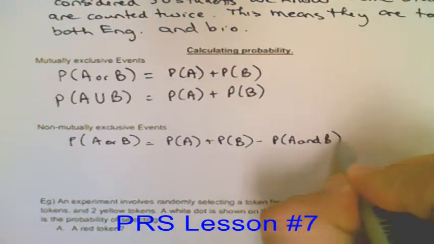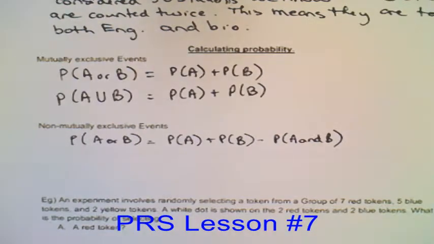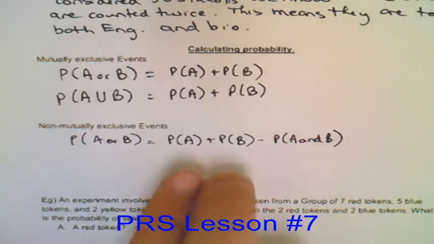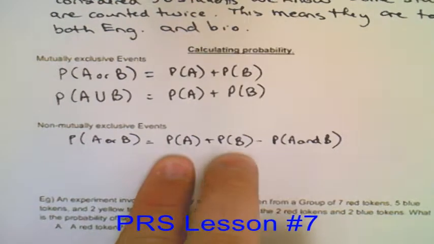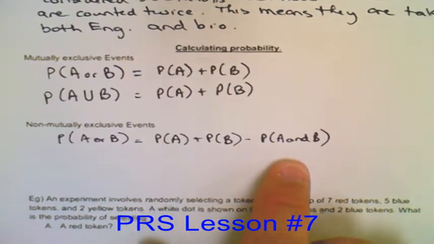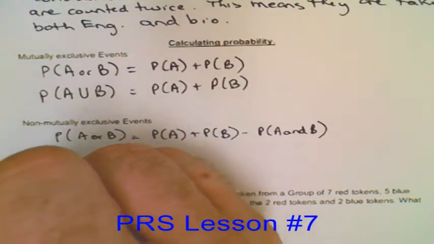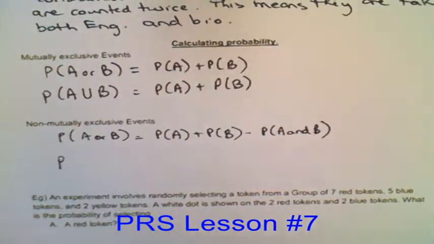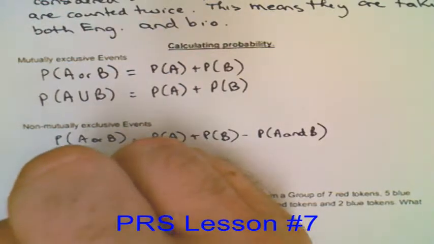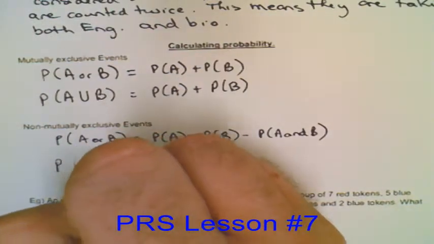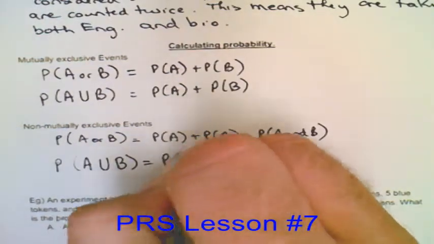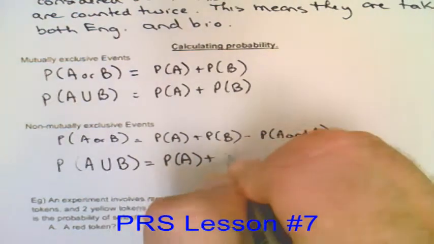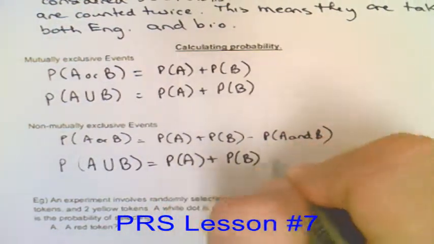So if it's a non-mutually exclusive situation, the probability of A or B is going to be the probability of A plus the probability of B, but you've got to subtract one version of the overlap, minus the probability of A and B, minus the ones that are counted in A and counted in B, because I've counted them both here. I counted them here, counted them here.